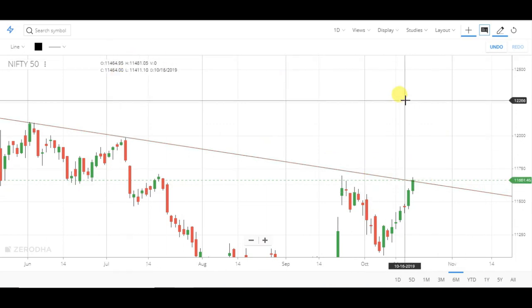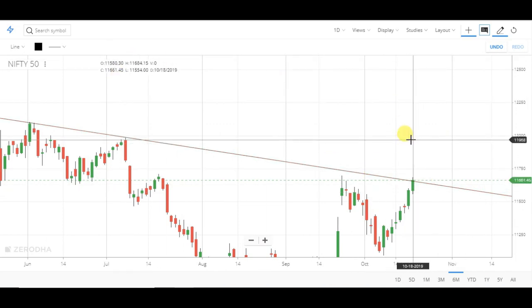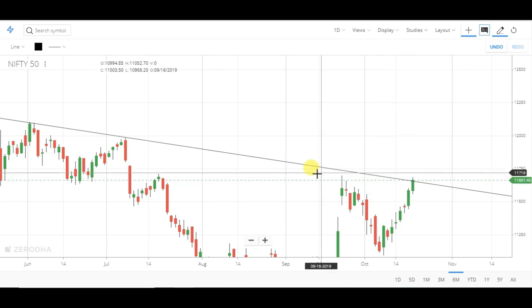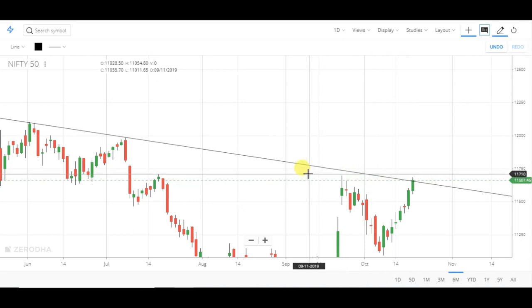We can clearly see that if Nifty tomorrow tries to go further upside, then the next resistance is going to be this one, 11,710.